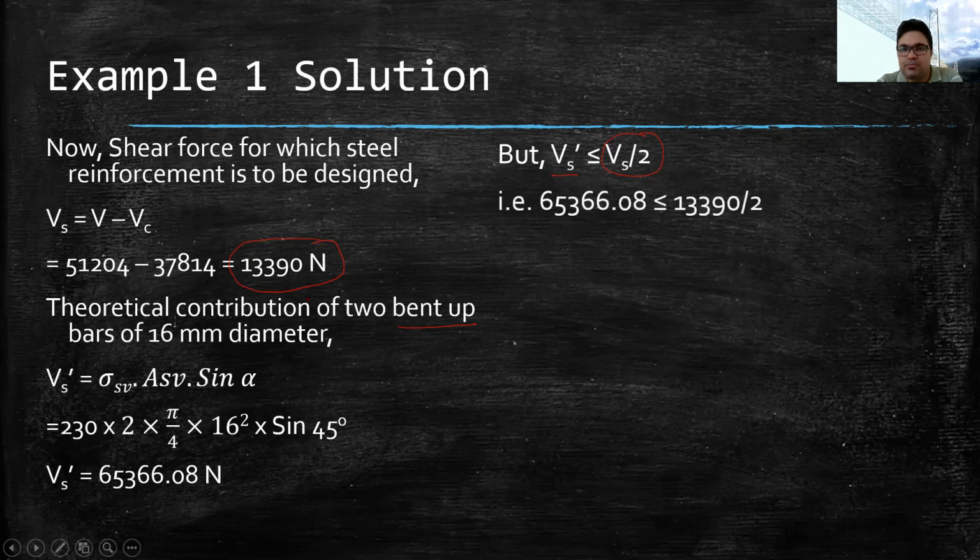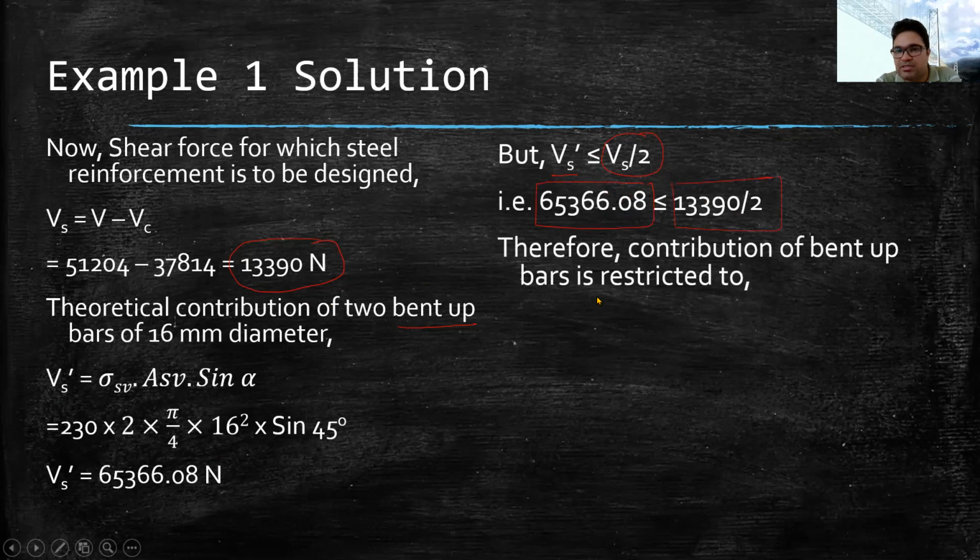So you can see here, the actual contribution is this one, but we are restricting this value to this one. This is what the IS code has suggested.